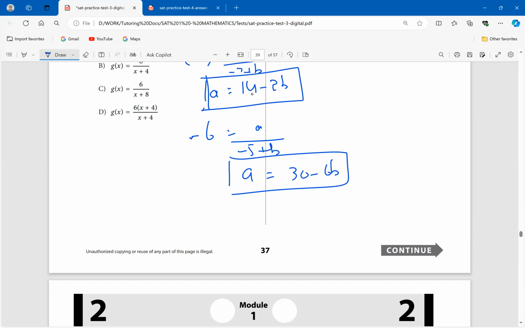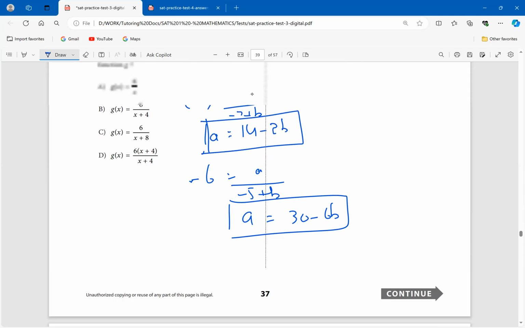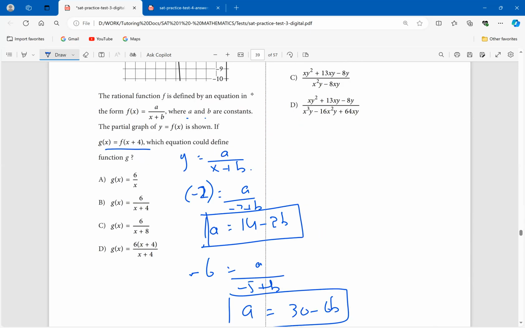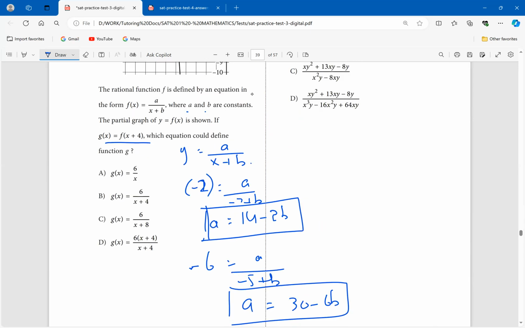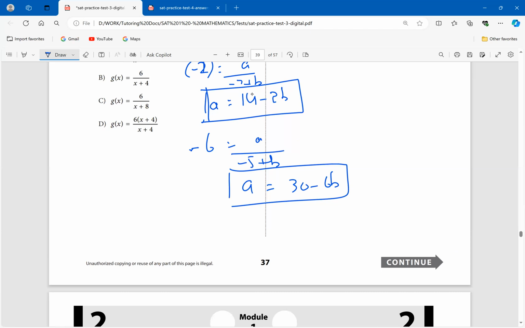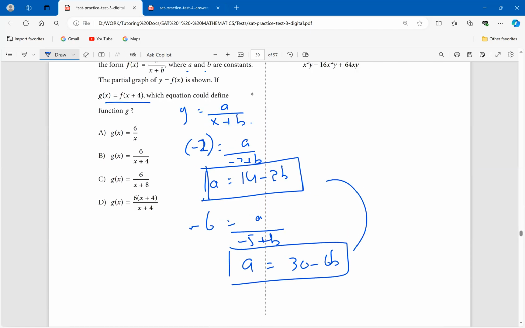We've got these two equations. If we start simplifying these two equations, we will get an answer for a and b, simultaneous solutions. Okay, so let's solve them simultaneously. Let's use 14 minus 2b equals 30 minus 6b. 14 minus 30 is equal to minus 6b plus 2b.